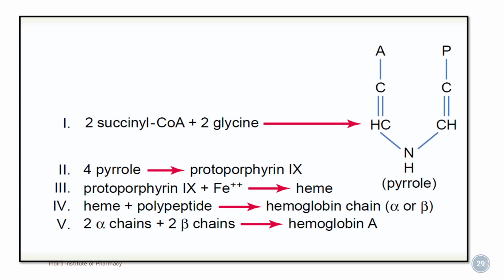We'll now see how the synthesis of hemoglobin proceeds. Its synthesis begins in the proerythroblast and continues in the reticulocyte stage of red bone marrow cells. Succinyl-CoA binds to 2 molecules of glycine in the Krebs cycle to form pyrrole.